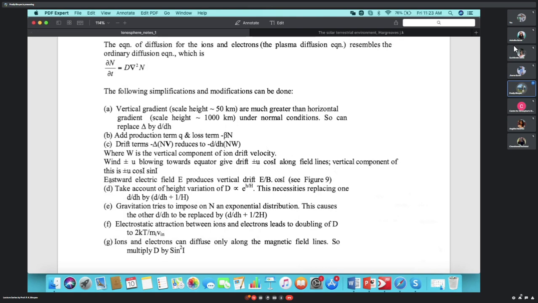The vertical component of this is u cos I sin I. So actually, when I was telling you about the effect of the winds and electric field, I just neglected that term, the magnetic field, because the plasma is within the magnetic field. Already, I think all of us know the plasma is controlled by the magnetic environment, so magnetic and electric environment, but it is confined within the Earth's magnetic field.